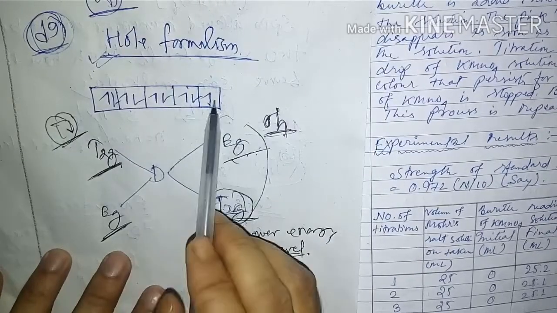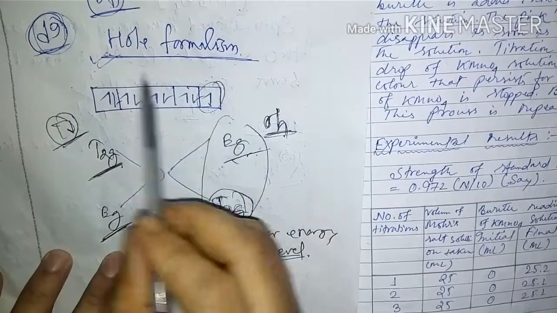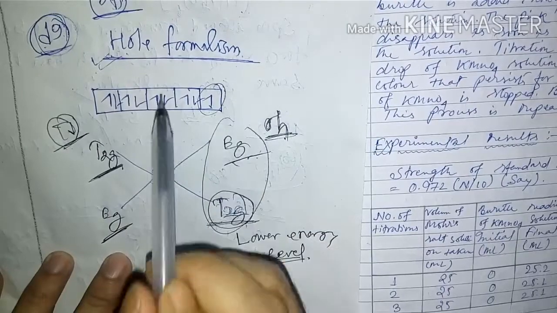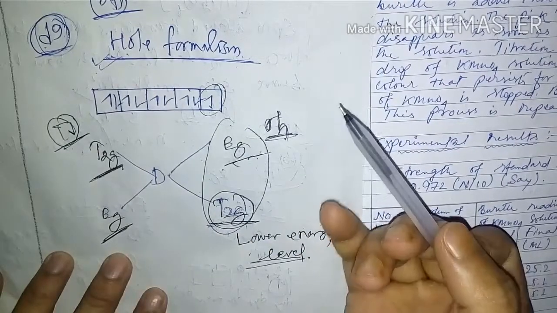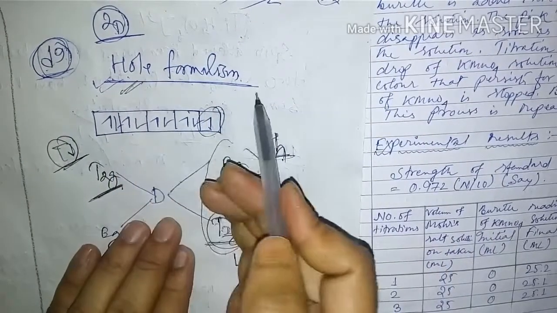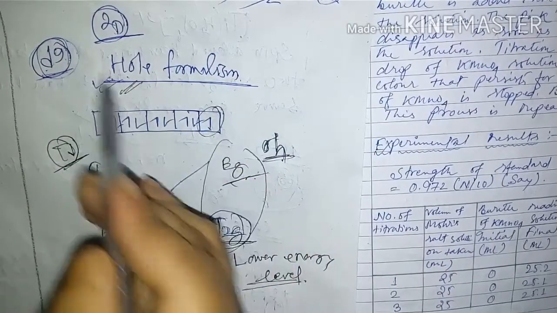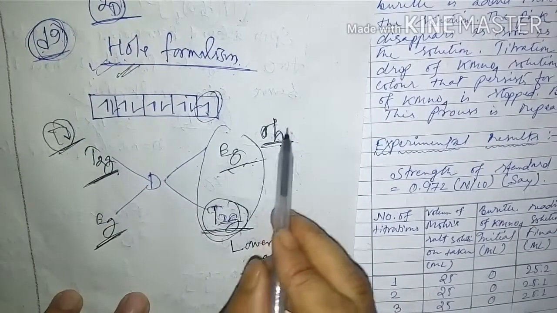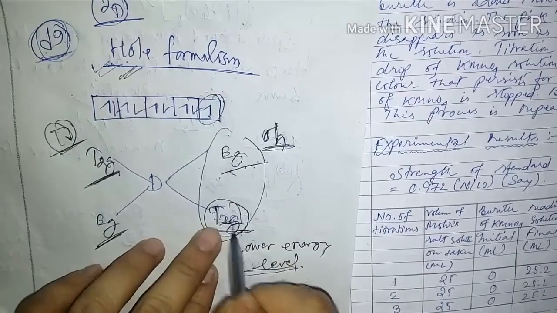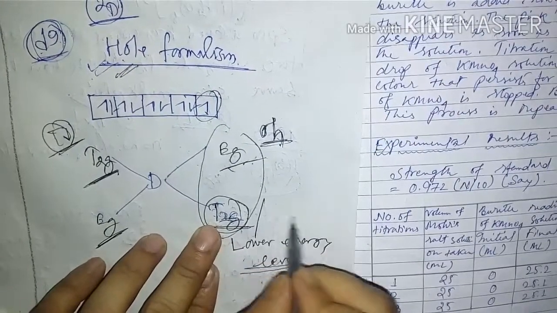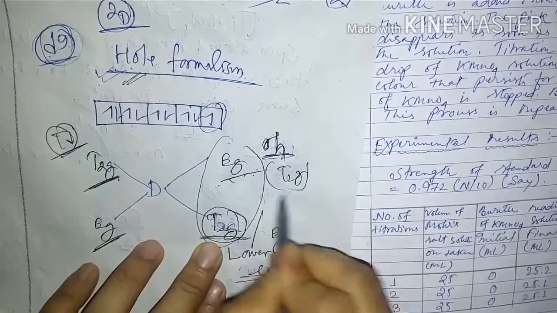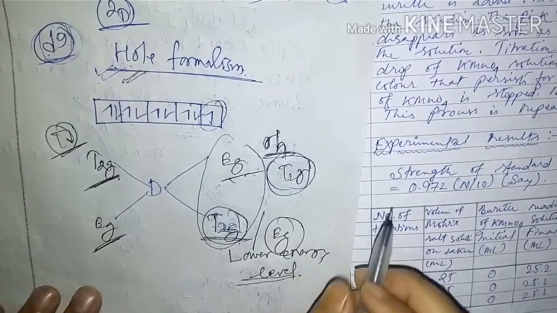Now the question arises, this one is d9, this one is hole formalism. So this normal splitting is octahedral. Now this is inverse. If hole formalism occurs, then this one is inverse. Inverse means, suppose here this is octahedral, na? Octahedral T2g and Eg. Now this is the inverse one. So for the inverse one you can write here Eg and here T2g. Okay, like this. Understood?